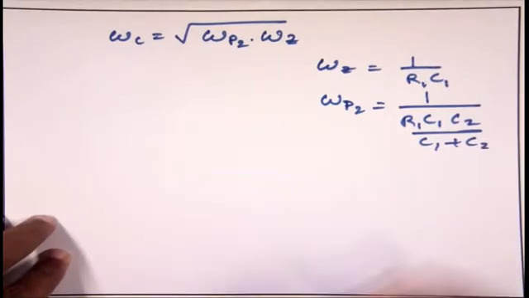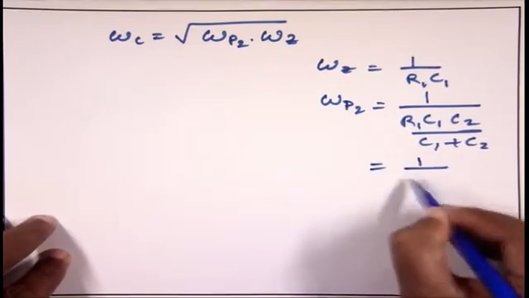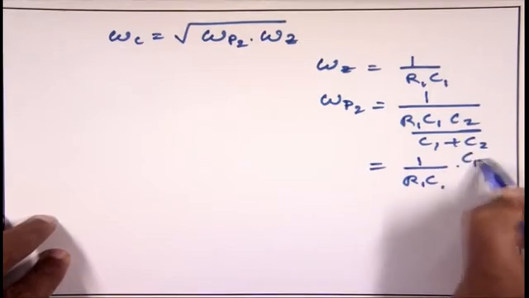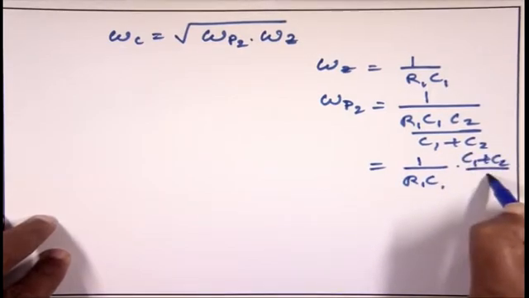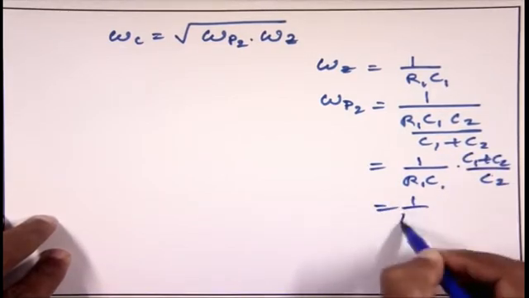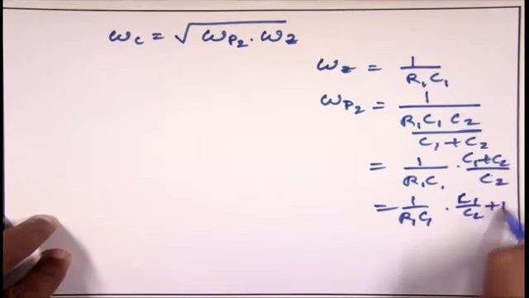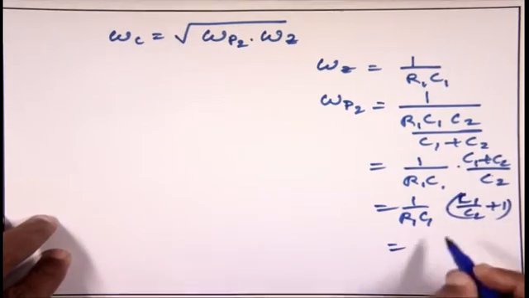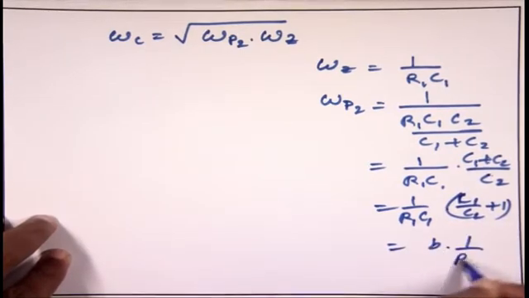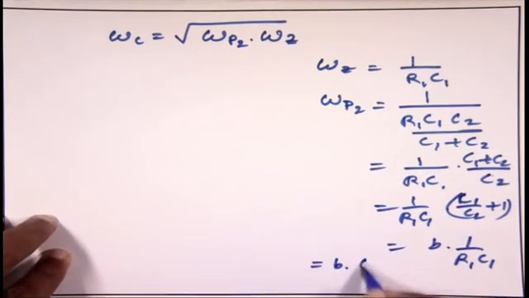So if you go this way, it means 1 by R1 C1 and then C1 plus C2 by C2, that is 1 by R1 C1 into 1 plus C1 by C2. You see this is a B factor, B into 1 by R1 C1, that means B into omega z.